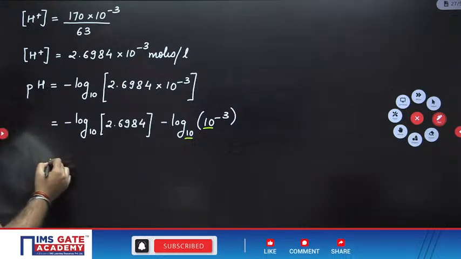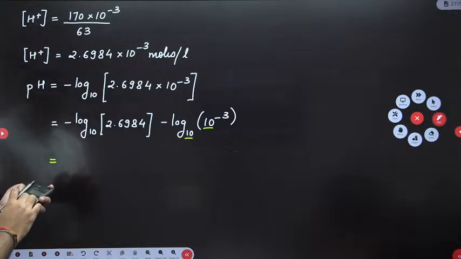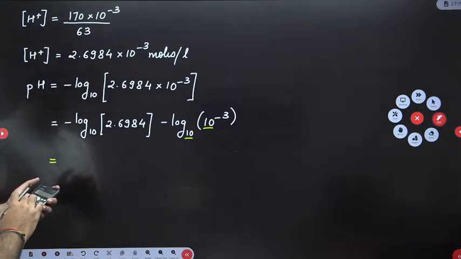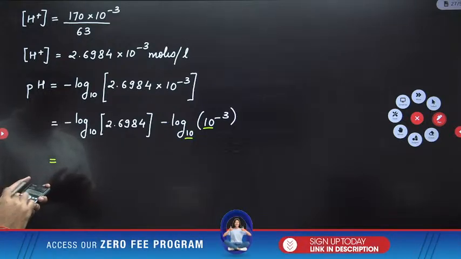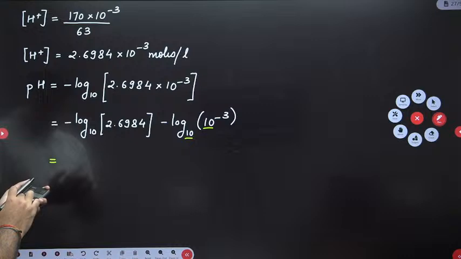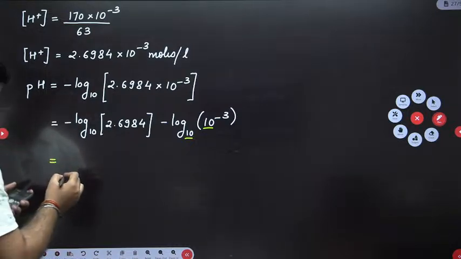So this will be negative log of 2.6984, which will be minus 0.431.